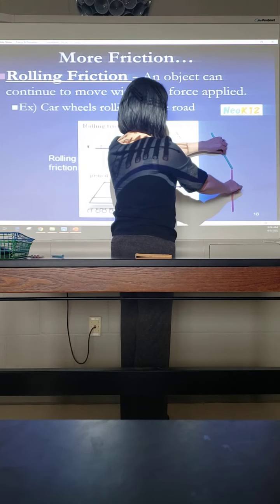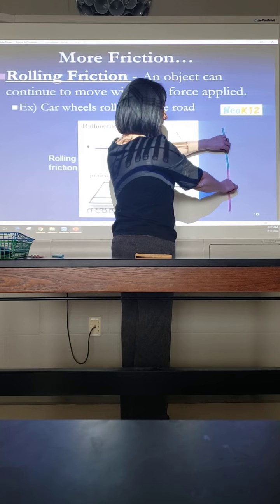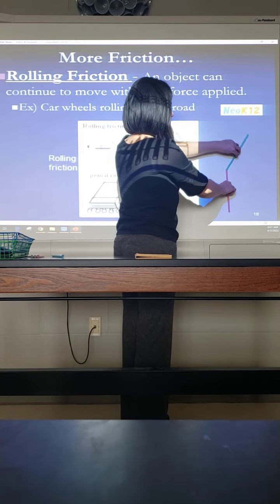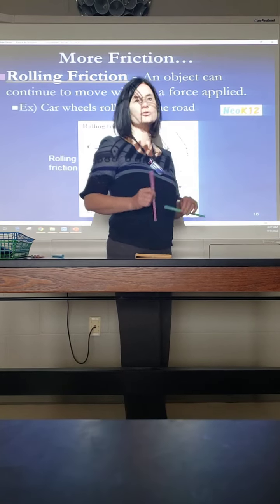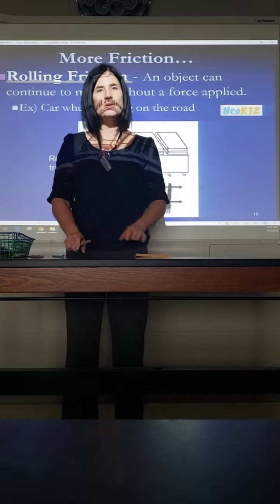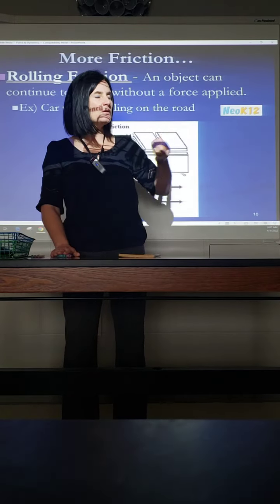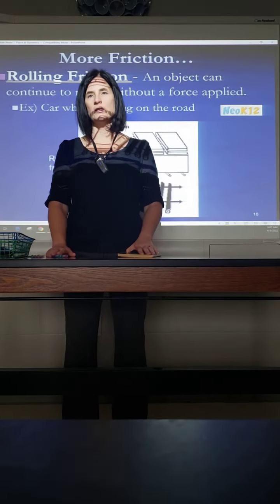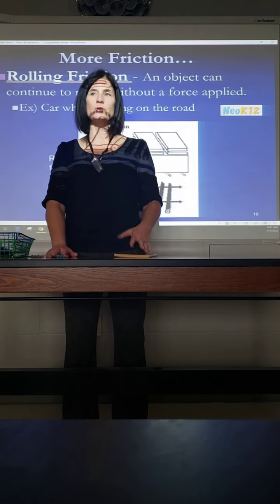If this is the downward force of gravity and this is the upward normal force, this would be canceled. Those are opposite directions. One's going down, one's going up. But if you have it like this or like this, right, those forces don't cancel out. And if they don't cancel out, then it's going to feel like gravity is stronger and it's pulling that object down the ramp or down the hill.